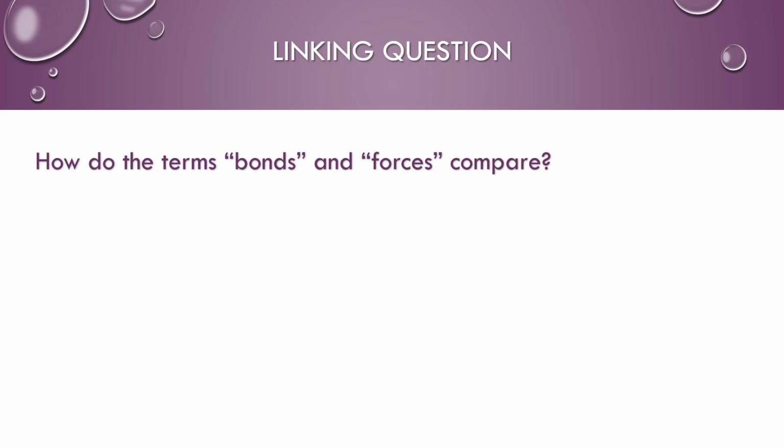In terms of chemistry, you should know that bonds are stronger and more permanent. Forces can be more easily broken, and they tend to be weaker, especially when you have molecules that have covalent bonds within the molecule, and then forces of attraction to other molecules. So there's a very clear distinction in strength because the forces will be breaking when melting or boiling, but the covalent bonds will not be breaking.